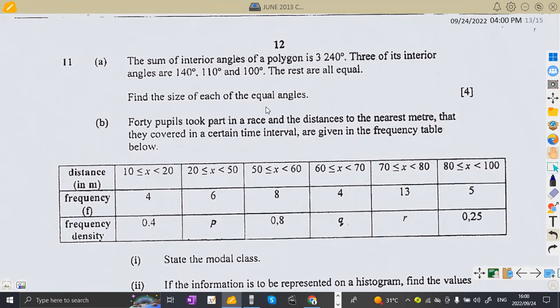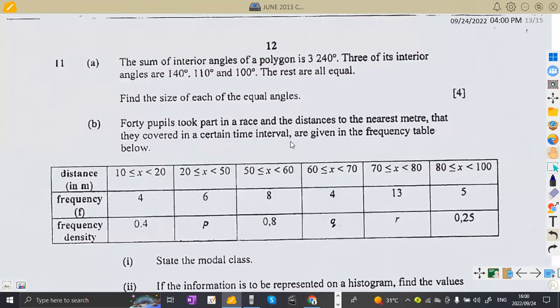The first thing is for us to know how many sides this polygon has, so that we can know how many angles it has, because you are just given that the rest are equal. We do not know how many the rest of the angles are, but we are told they're equal.